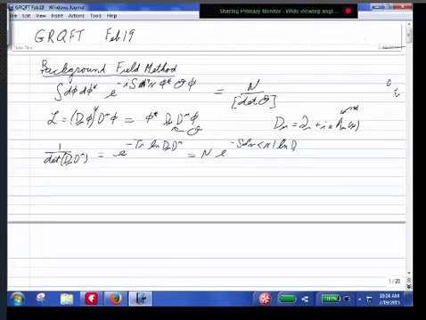And we then had 1 over the determinant of D_μ. Just to be sure, D has this background field in it: D_μ is ∂_μ plus i e A_μ. So here's our background field.